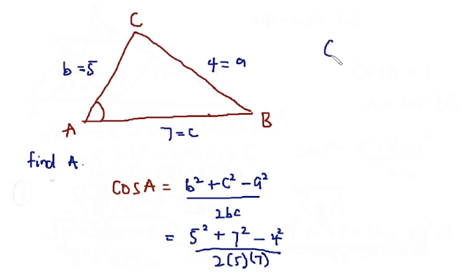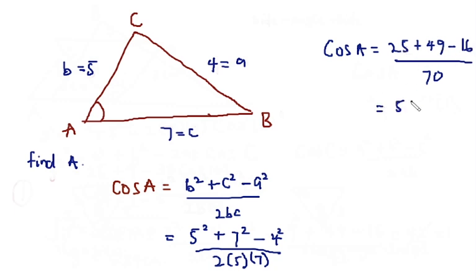So we have cos A equal to 5 squared is 25, plus 7 squared is 49, minus 4 squared is 16, divided by 2 times 5 is 10, times 7, 70. Dealing with everything on the numerator, 25 plus 49 minus 16 is equal to 58, divided by 70.